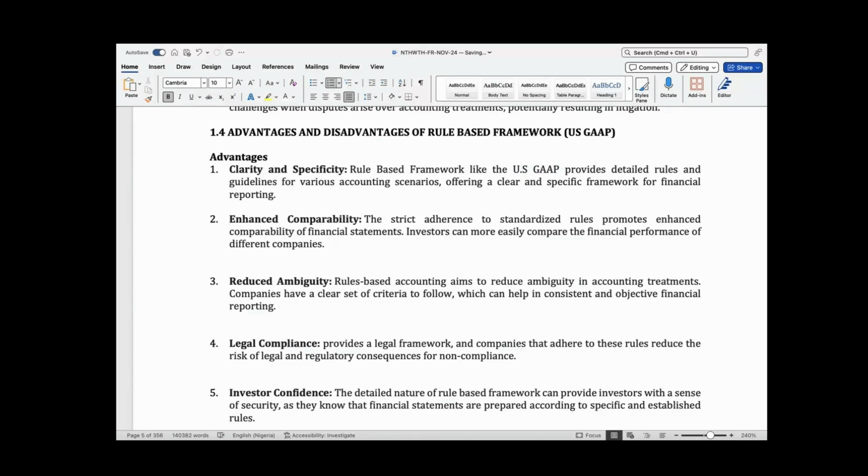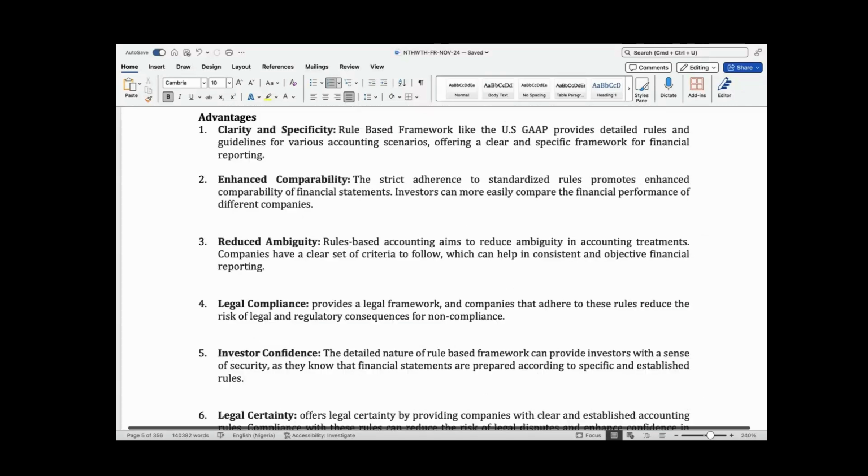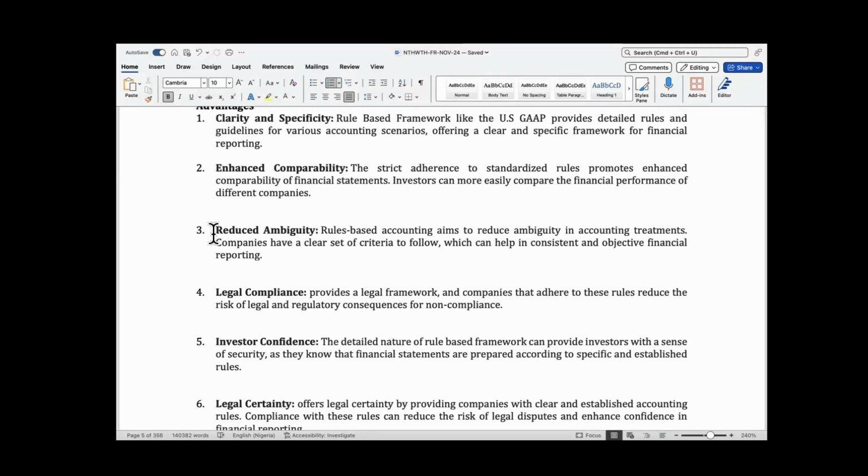And because of that, it becomes comparable. You can easily compare items and financial statements. It makes it easy for everybody because everybody has rules; you have to do it in a particular way. Of course, it's going to reduce ambiguity. It will be consistent. Nobody would say, no, I thought it was this. No, it's clear, it's specific.